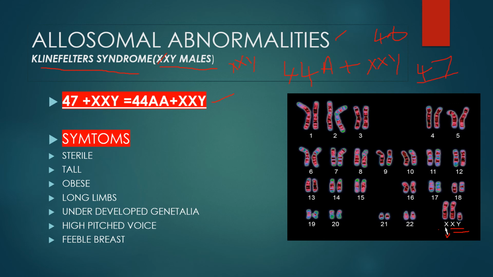So instead of the usual 46 chromosomes, these individuals have 47 chromosomes. What are the symptoms of this disease? They are sterile, that means they cannot reproduce. They are tall, obese, that means fat, they have long limbs, a high pitched voice and underdeveloped genitalia, and feeble breasts. These are the symptoms of Klinefelter's syndrome.